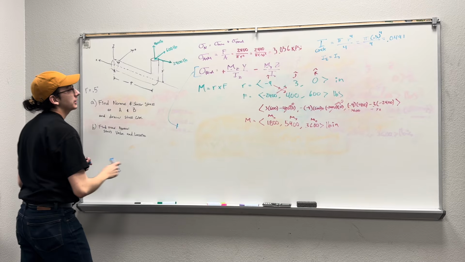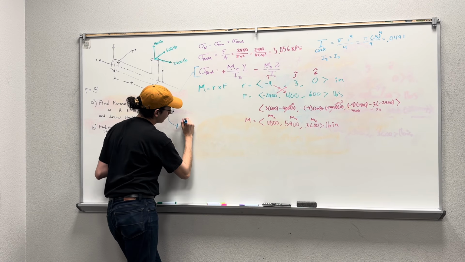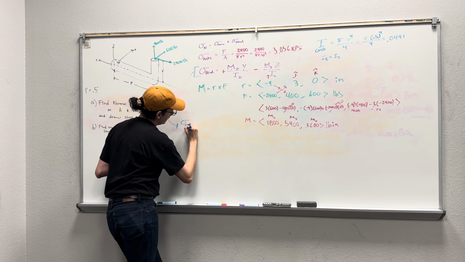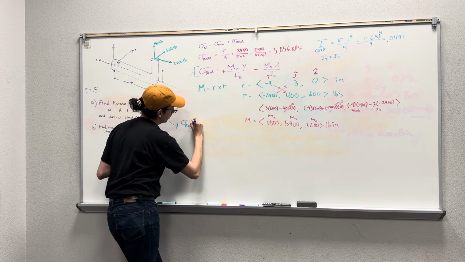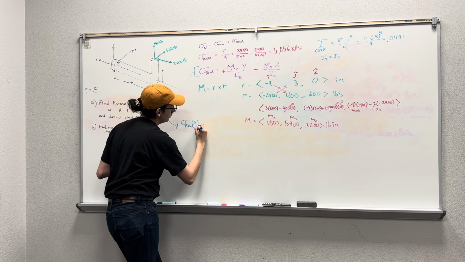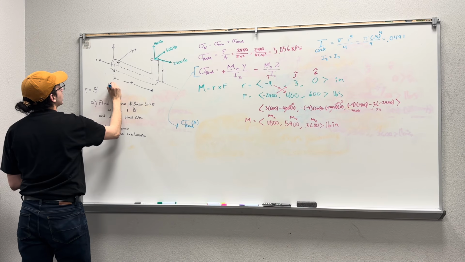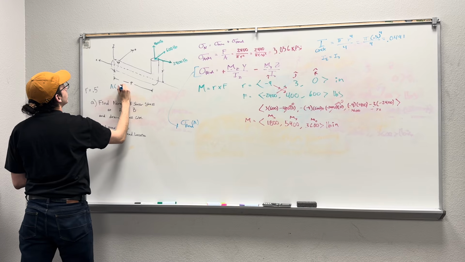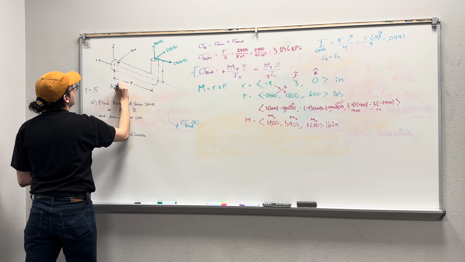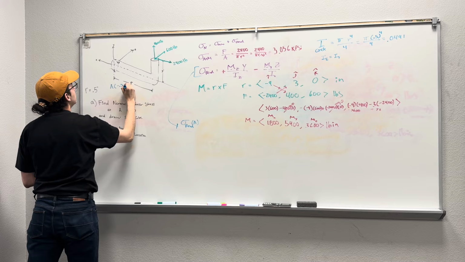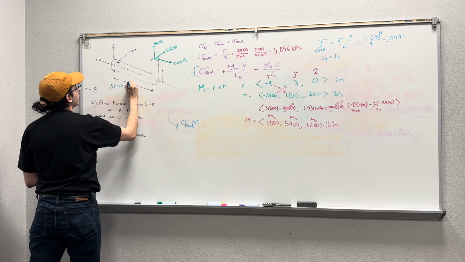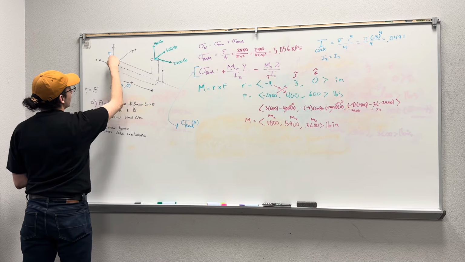So it seems like I have everything in order to plug it in, so let's do it. So my bending at point A is going to be right here, so A is going to be at negative 0.5 in y.